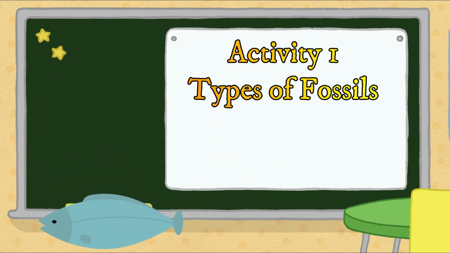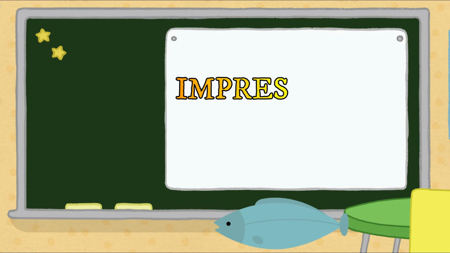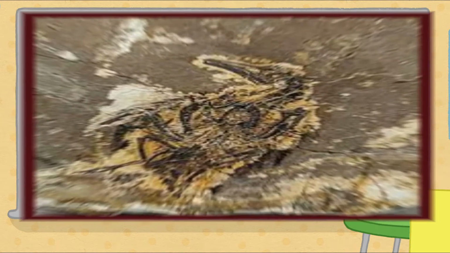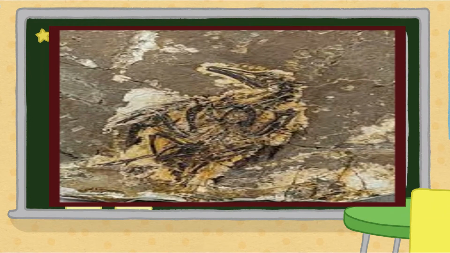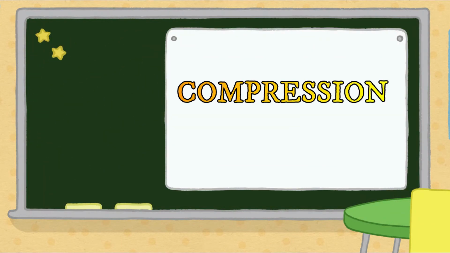I will show you pictures of different fossils, and I want you to classify them as to impression or compression. Here is the first picture. The correct answer is compression. Here's another picture.